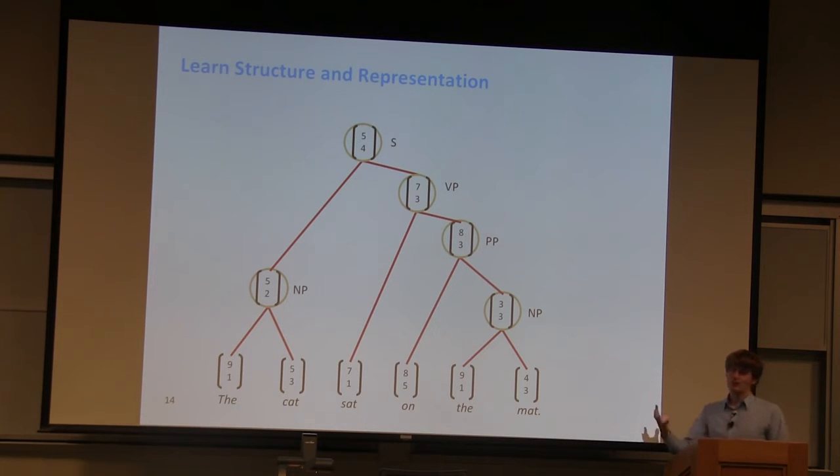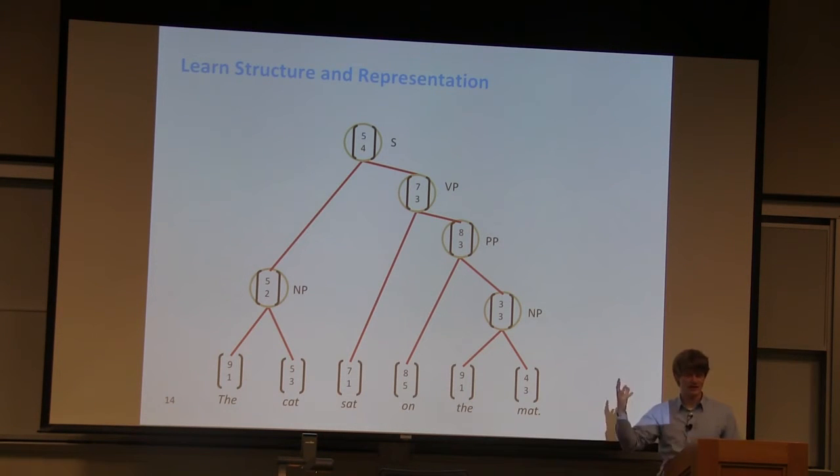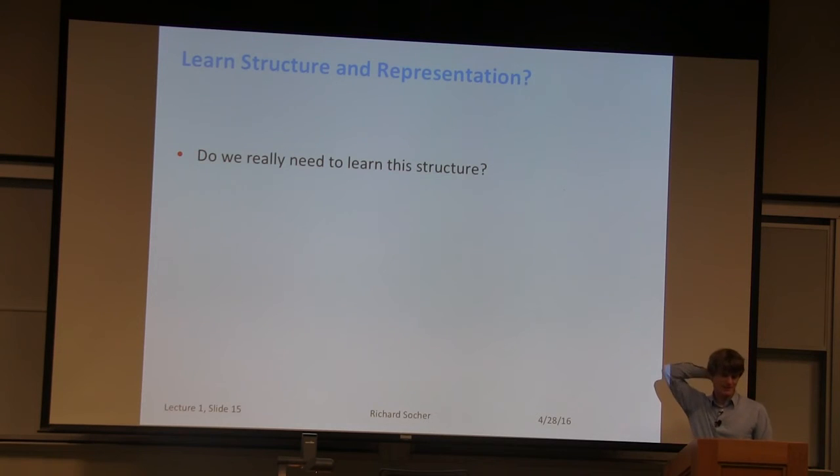And now what we want is, of course, not just this discrete structure, but also vectors at each node in this tree. And this tree can be very different for every sentence, right? Different sentences will have different trees. So maybe it makes sense to step back and first ask: do we really need to learn the structure?